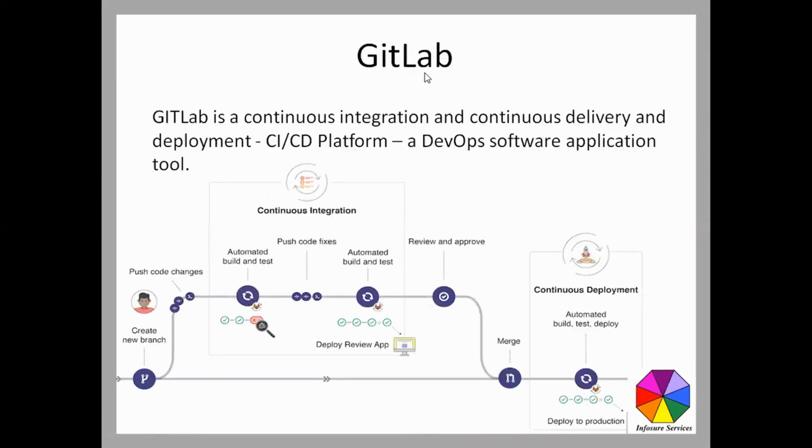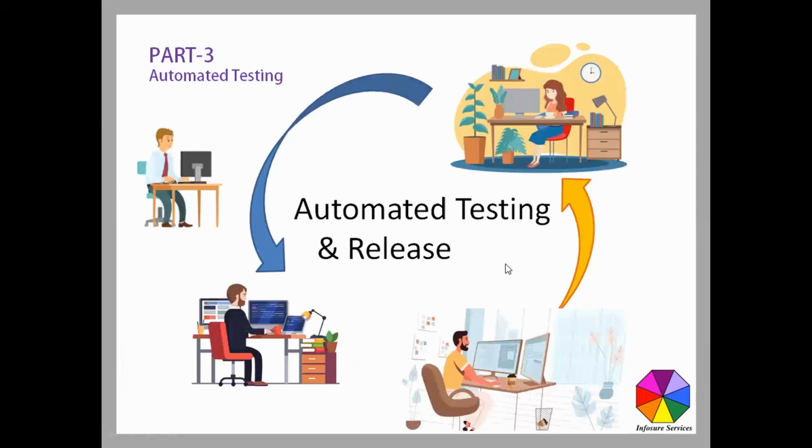GitLab is one more CI/CD product. CI is continuous integration, and continuous delivery and deployment is called CI/CD for short. So GitLab is a CI/CD platform. We'll not be going into a detailed one here, but know that automated testing is possible.